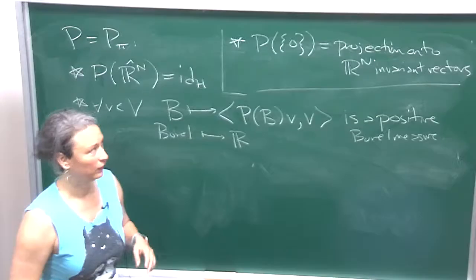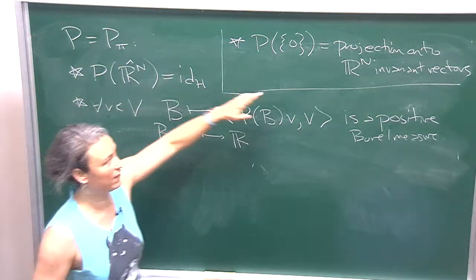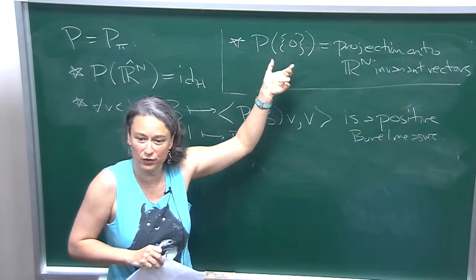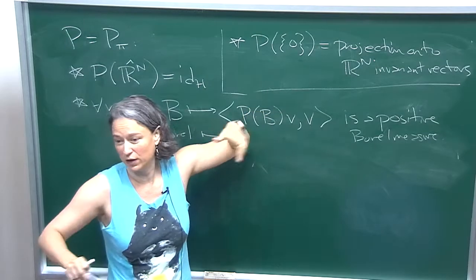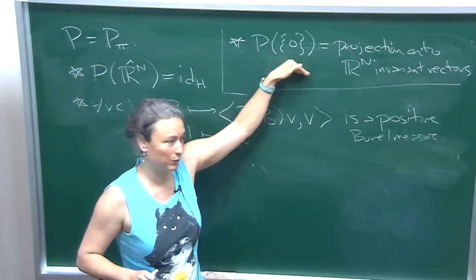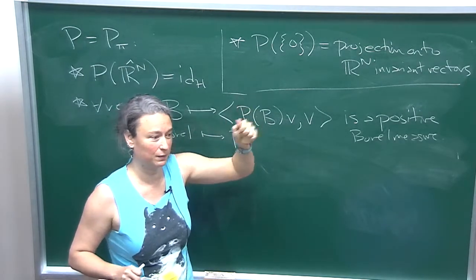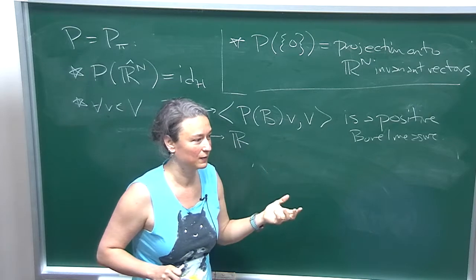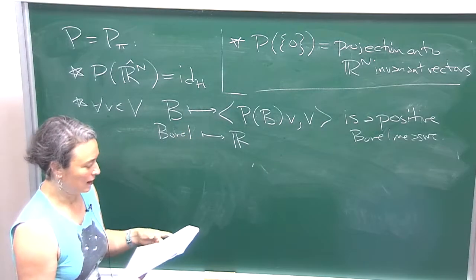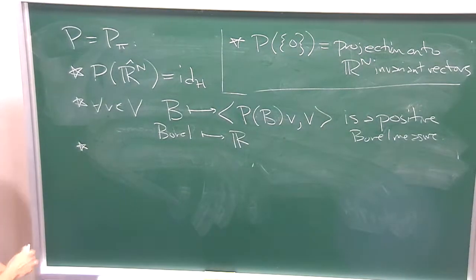Okay, so if my pi has Rn invariant vectors, then this would be a non-trivial projection. But if there are no invariant vectors besides 0, this would be the 0 projection. So this particular projection is really controlling what I want. Right. So there's another property here, which is going to be the relationship between gamma and p.